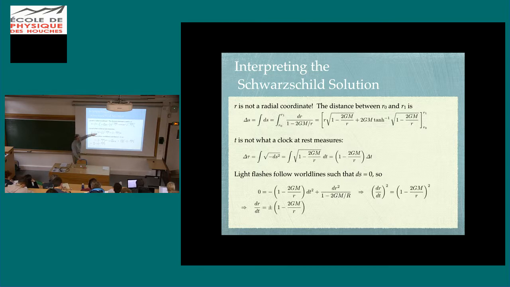And so you do the same kind of thing. You say dr is equal to 0, d theta is equal to 0, d phi equals 0, and then you do the time that a clock at rest would measure, and you get this. So the clock at rest actually is running slower than the t coordinate.